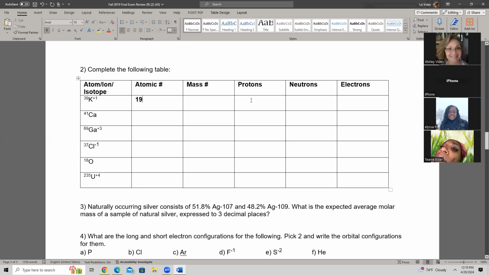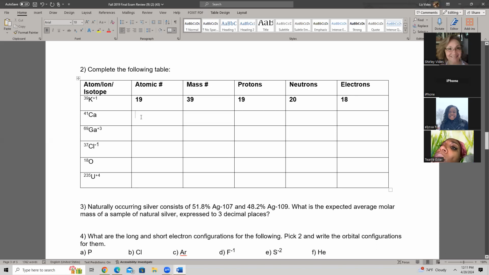And as you know, the protons are also 19 because those two are the same. The mass number was given to us as 39. The neutrons is a subtraction of the mass minus the protons, which is 20. And the electrons, since we have a positive one, it means we lost one, so it's 18.